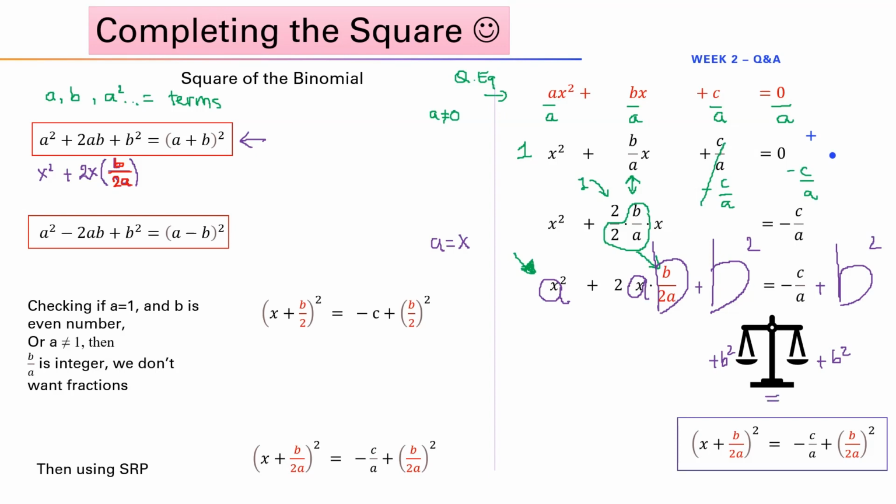And as we said, the bubble b is equal to the red b over 2a. So this one will be b over 2a, this one will be b over 2a, and this one has to be in the parentheses. So that's how we got this formula right here.